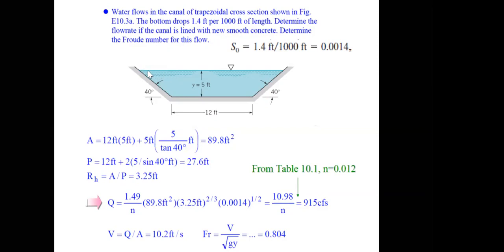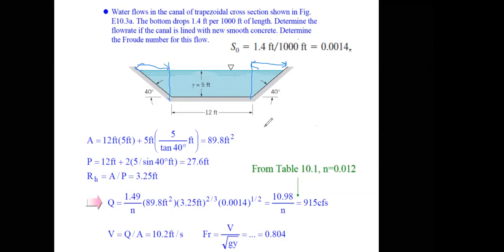You can solve this to find the area: 12 feet times 5 feet plus 5 feet times 5 over tangent 40. That will give you this line over here. Since you're going to need it to calculate the area, you can derive this.